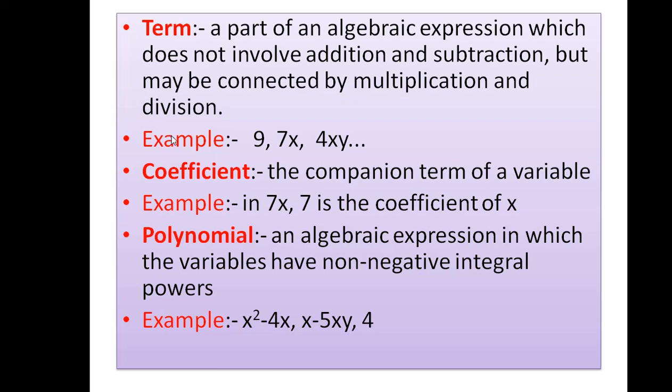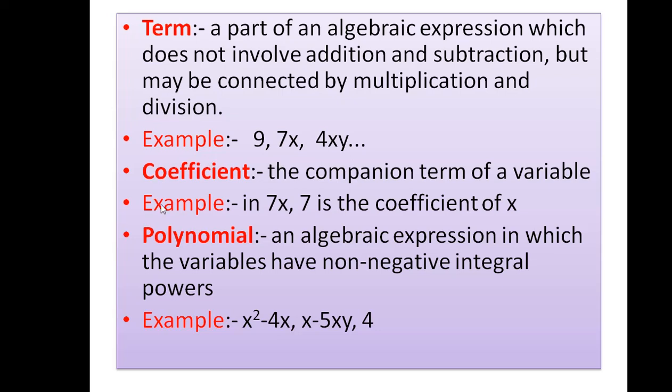Example: 9. Only a constant is there, no variable, but still it's a term. Then 7x. 7 is a constant, x is a variable. Both are combined by multiplication and no addition or subtraction is there, so it's a term. 4xy: 4 is a constant, x and y are two different variables, connected by multiplication. So all these three are examples of different terms.